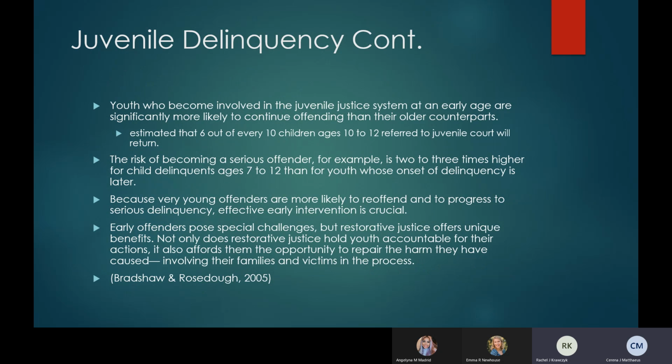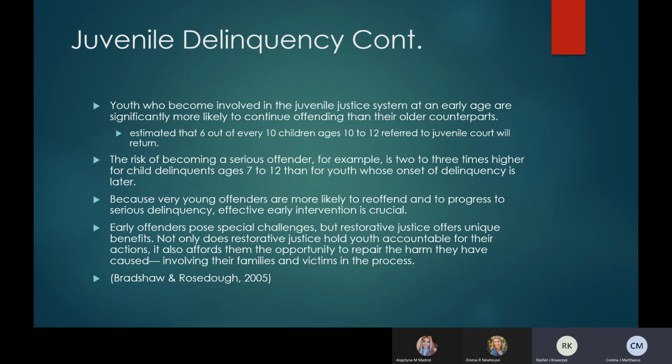Youth who become involved in the juvenile justice system at an early age are significantly more likely to continue offending than their older counterparts. It is estimated that 6 out of every 10 children ages 10 to 12 referred to juvenile court will return. The risk of becoming a serious offender, for example, is 2 to 3 times higher for child delinquents ages 7 to 12 than for youth whose onset of delinquency is later.